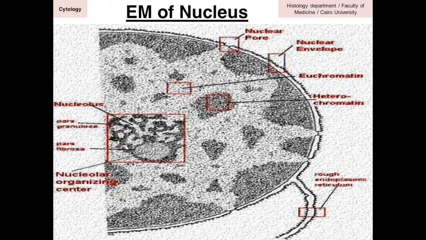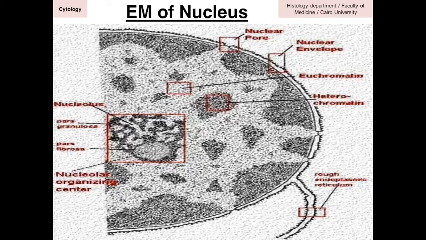Then we have another feature also related to the nuclear envelope, which is the nuclear pores, at which the outer and the inner are joined together. These pores are covered by an octagonal annulus or ring. What is the function of this nuclear envelope? It is the control of transport of substances from the cytoplasm to the nucleus and from the nucleus to the cytoplasm.